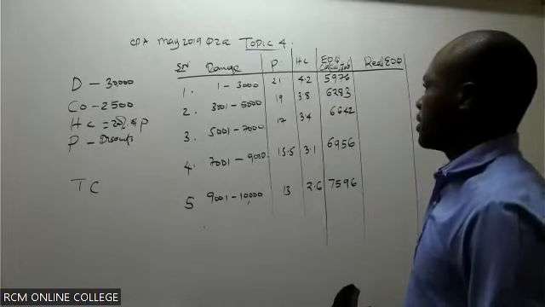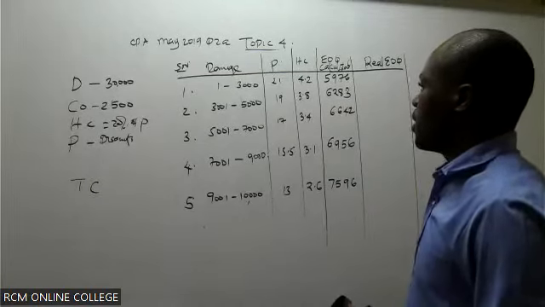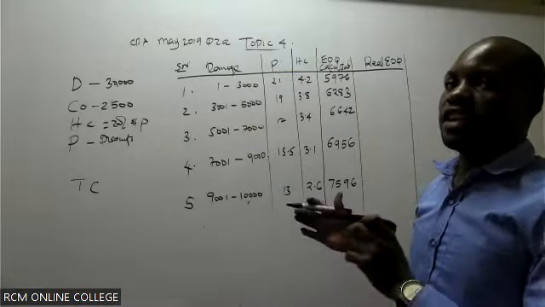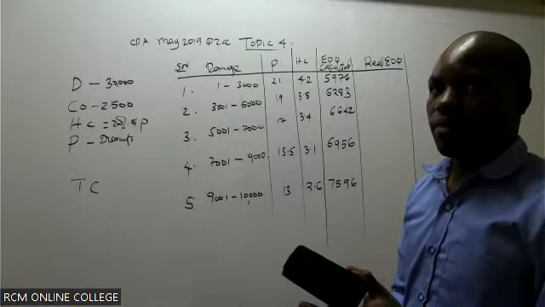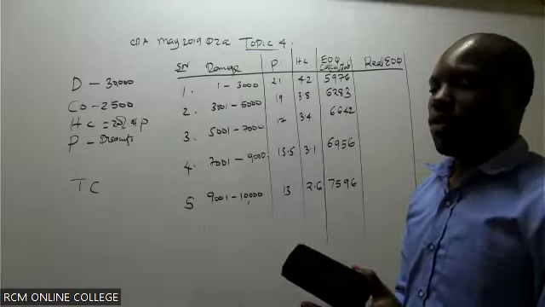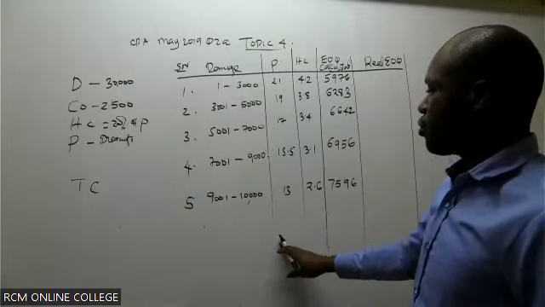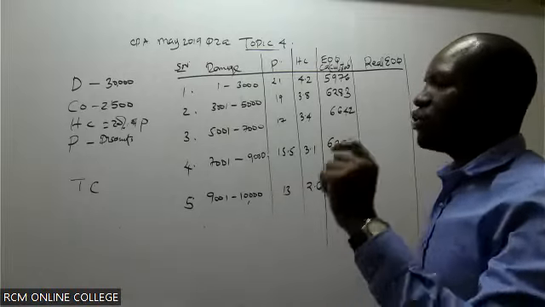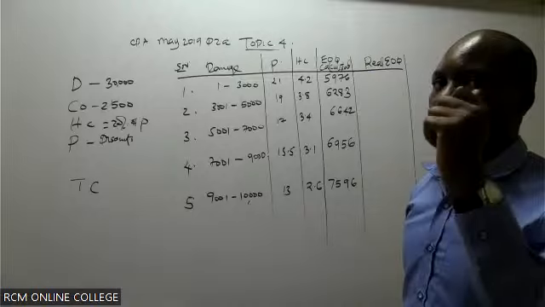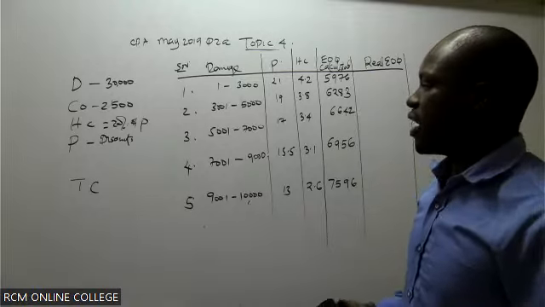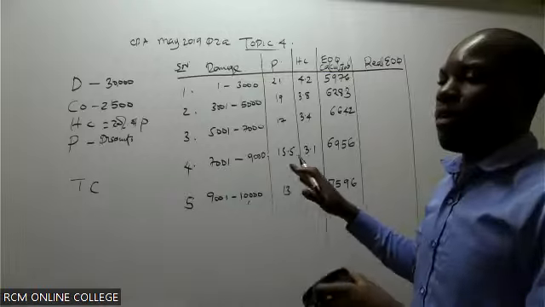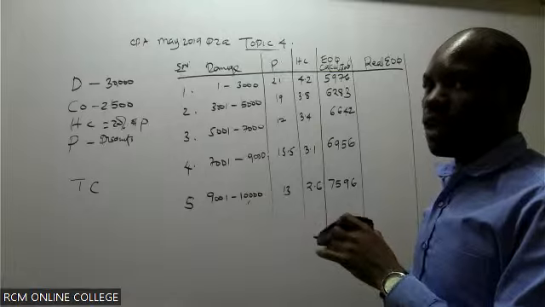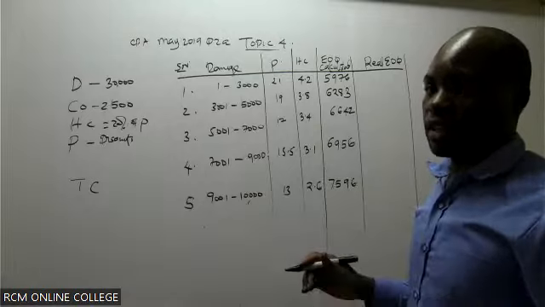I've said you are allowed to order goods that are above or within the range. In other terms, you are not allowed to order any goods that are below the economic order quantity. You either order the economic order quantity or you order above it.